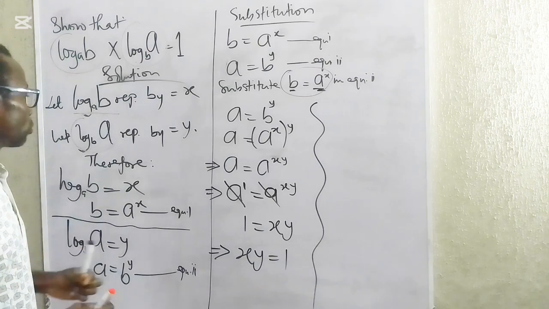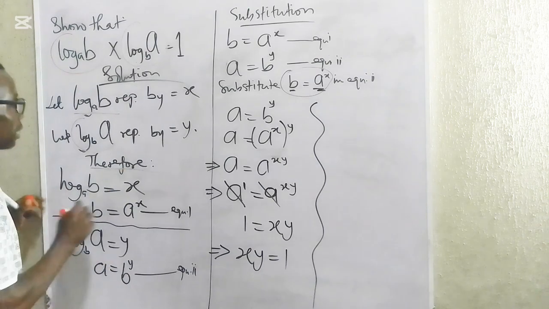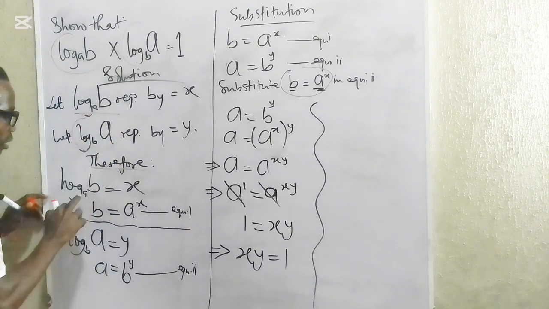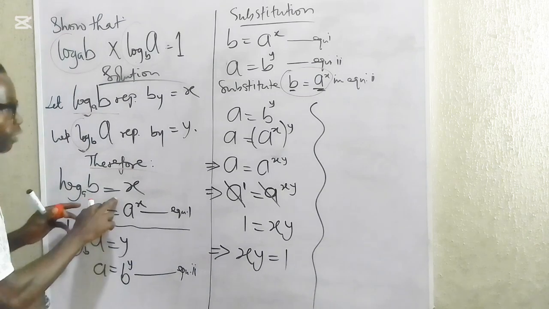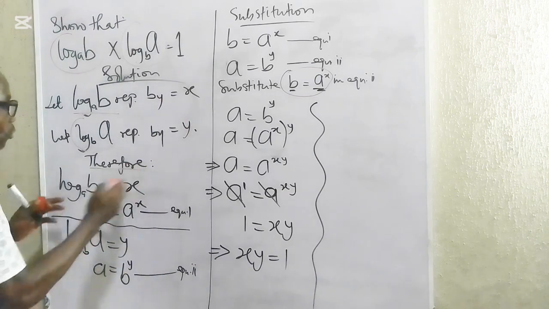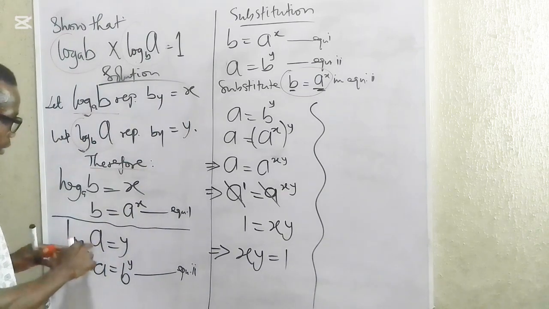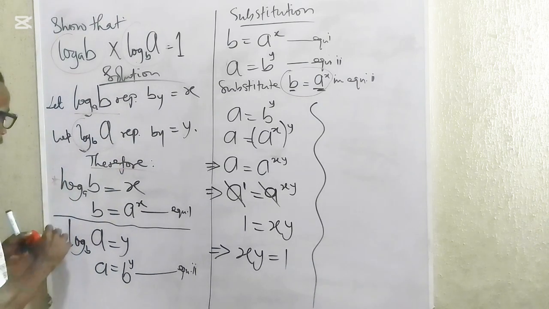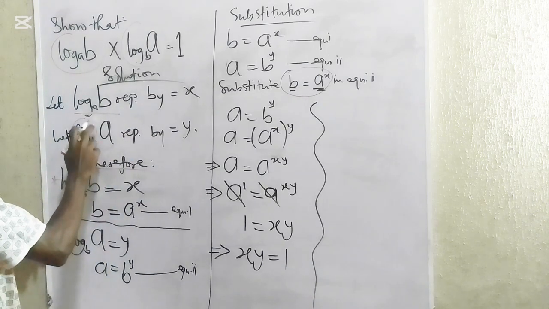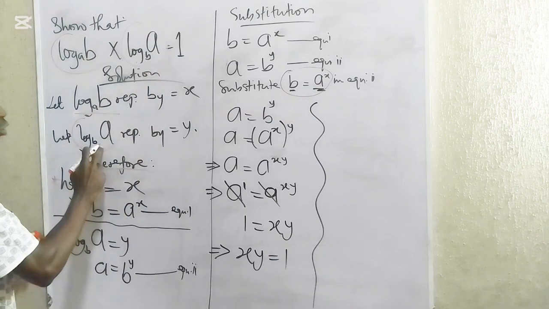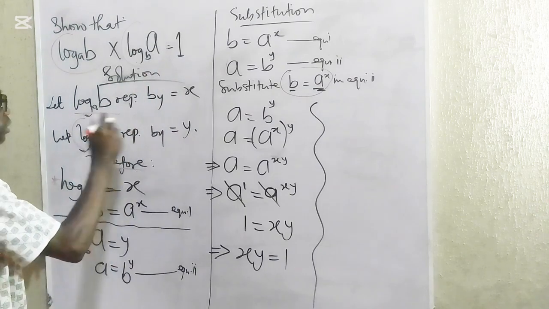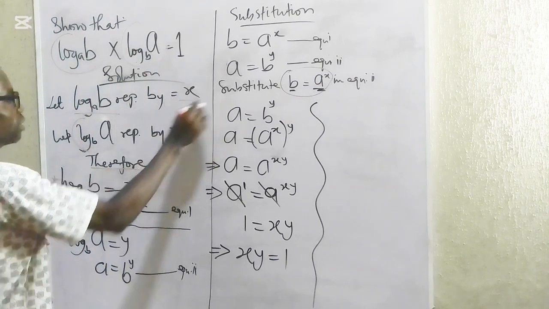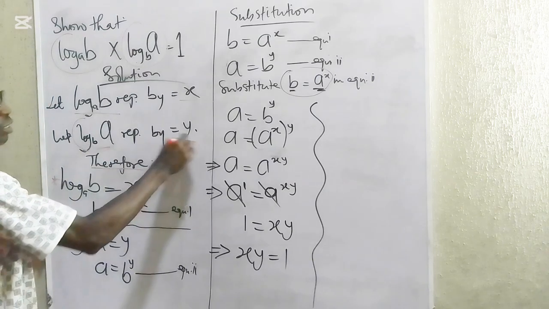Therefore, log of b in base a is equal to x, and log of a in base b is equal to y. So we have log of this equals x, and log of this equals y.